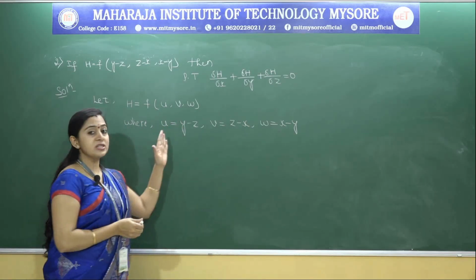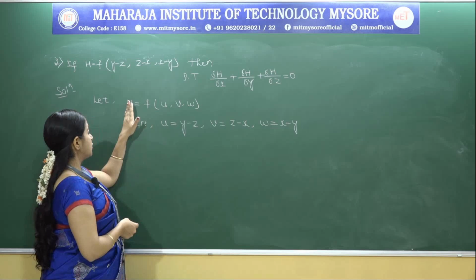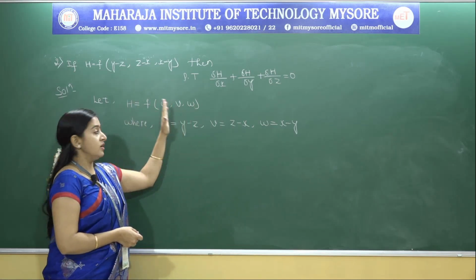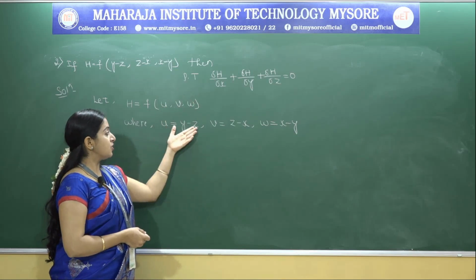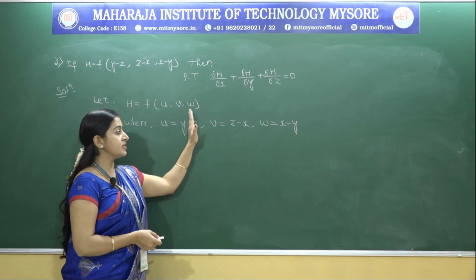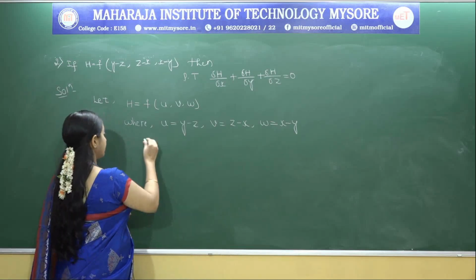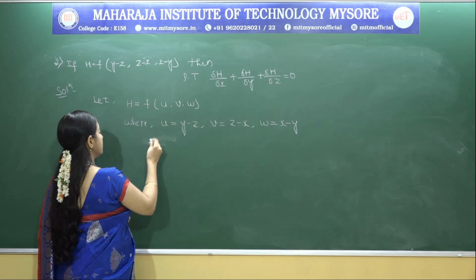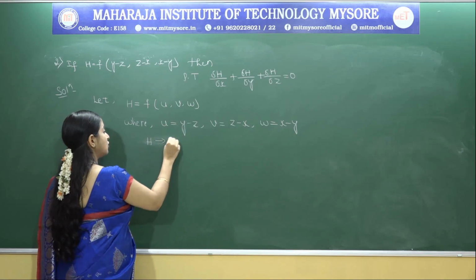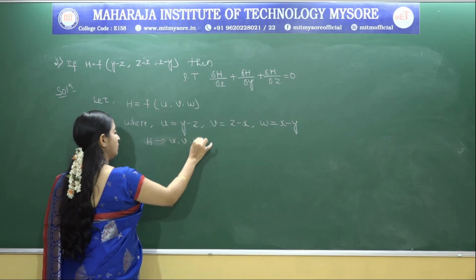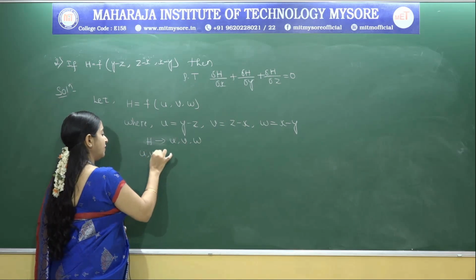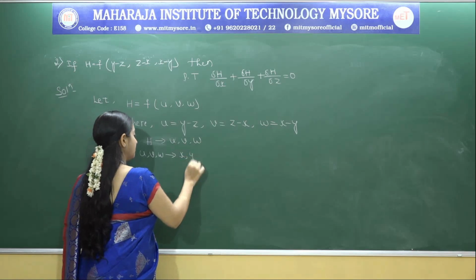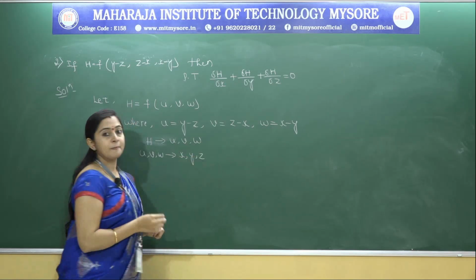Next, now we see the terms. First, h is a function of three variables u, v and w, and u, v and w depend on another three variables x, y and z. So h is a function of u, v and w, and u, v and w are functions of the other variables x, y and z.